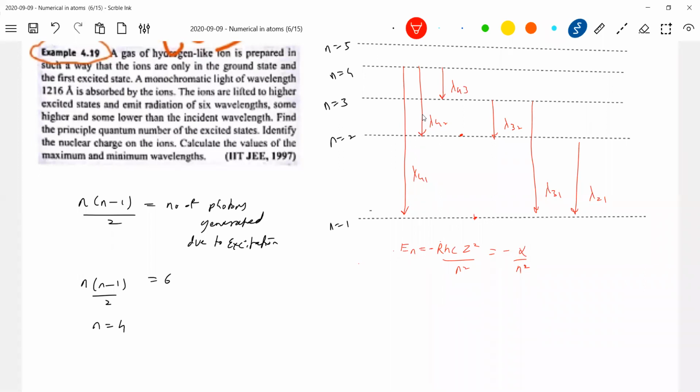Okay, let me make the transition. So this En should be equal to hc by lambda. Possible, check it. I'll give the mathematical proof here.